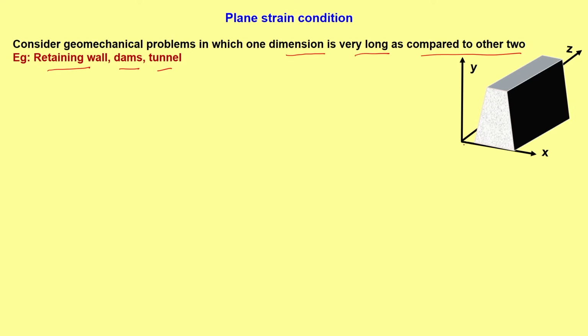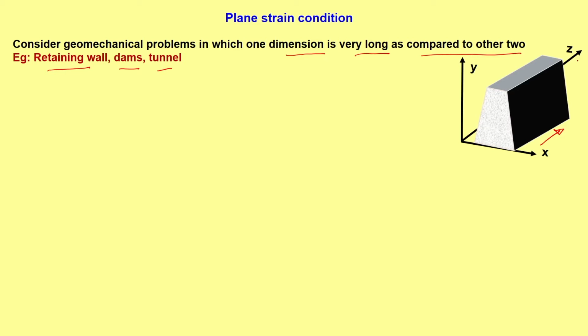You can see here there is an x axis, y axis and z axis. A typical gravity dam structure is shown. You can see that this is the cross section. Compared to the cross section, this direction is quite long. So, that is what it means, one dimension is very long.